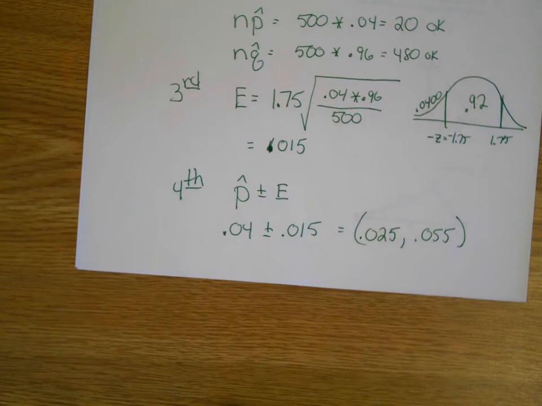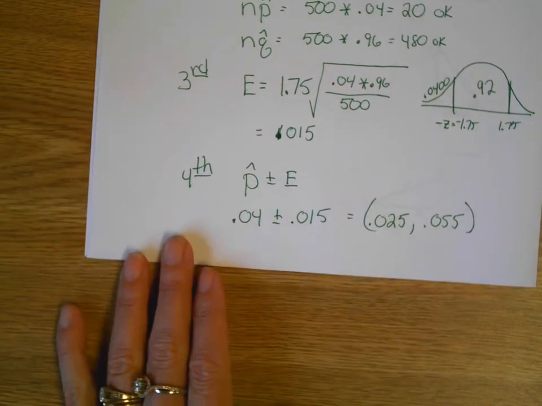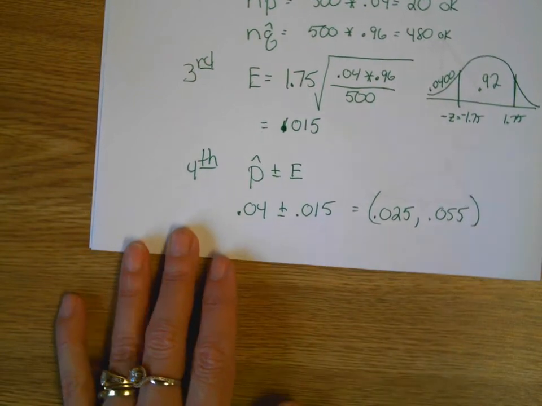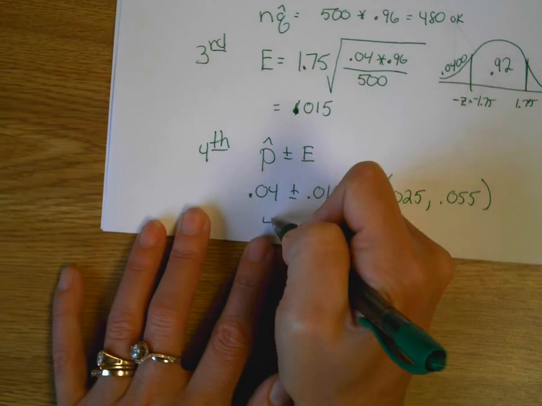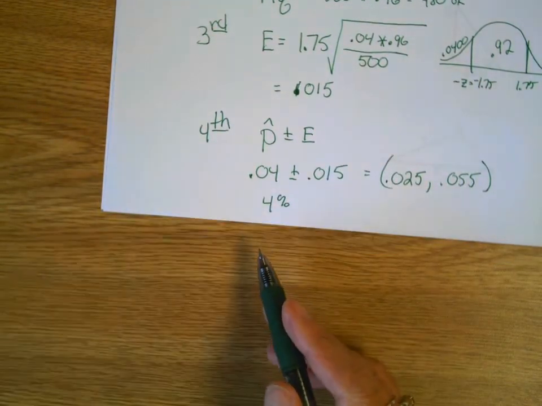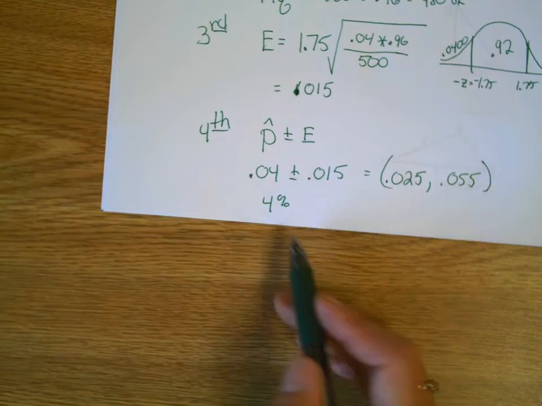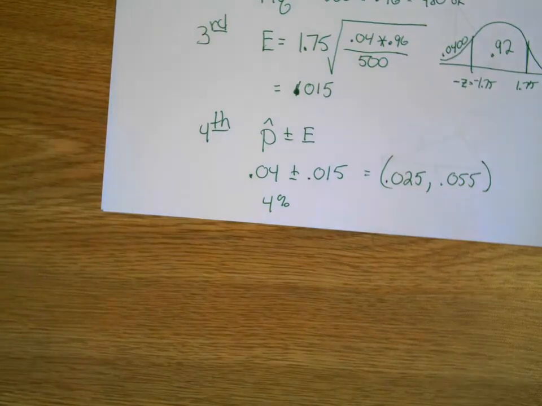If you were to see this on a TV or an advertisement, a lot of times now they're giving the President's approval rating. It won't be this low, it's in the 30s, but they would advertise it as, say, 4%.